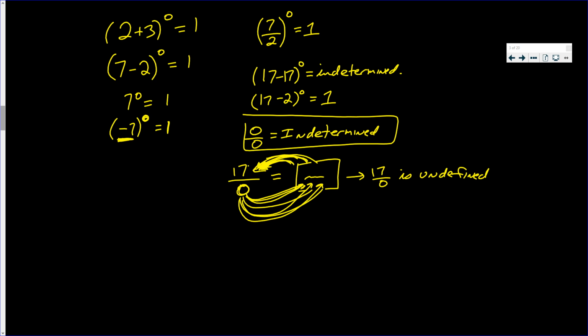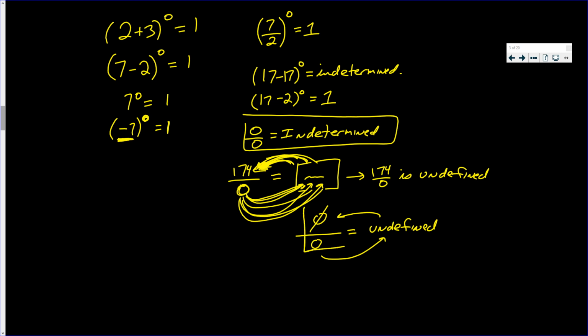And if I had 174, it is undefined. If the top is not 0, let that symbol mean not 0, you have a non-zero number and you divide it by 0, it is going to be undefined. Why? Because 0 times no number is going to give you back a number that isn't 0, like 7 or 2.4 or negative 9.